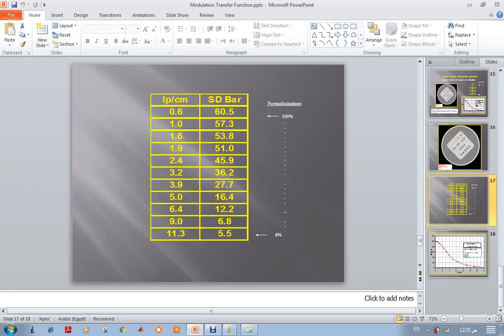Here you will write the number of line pairs: 0.6, 1, 1.6, and so on.